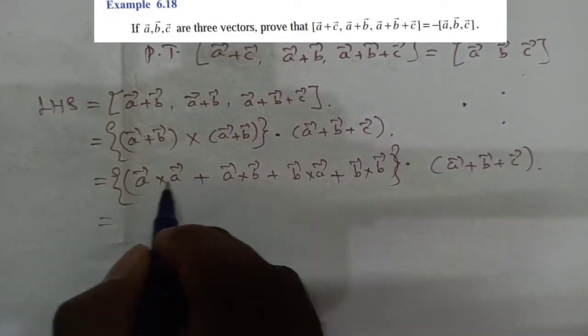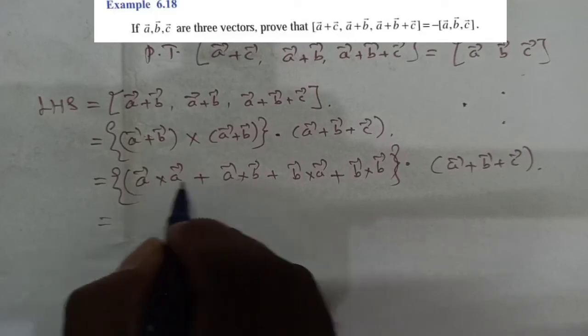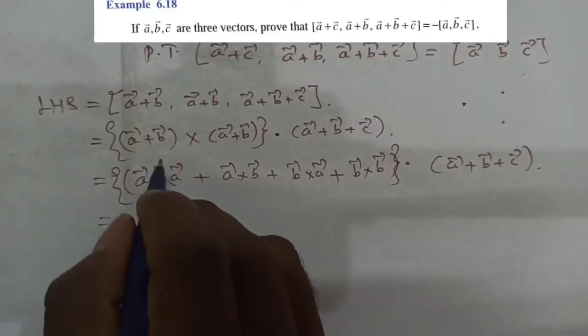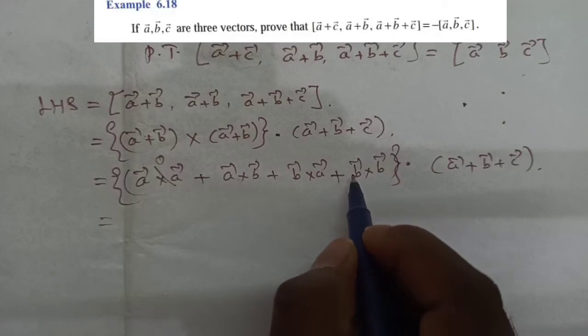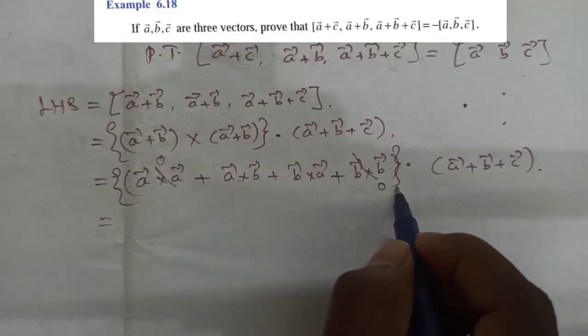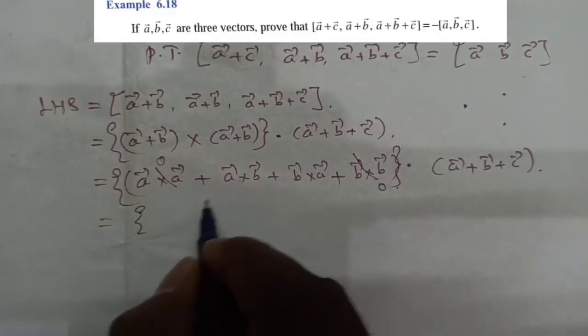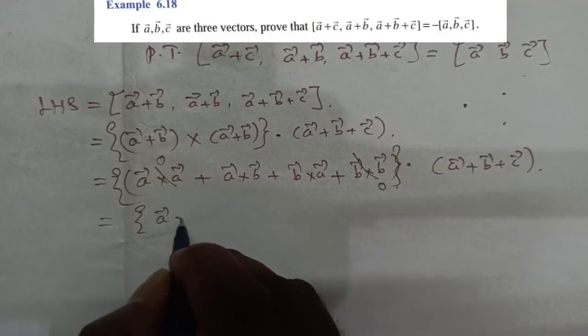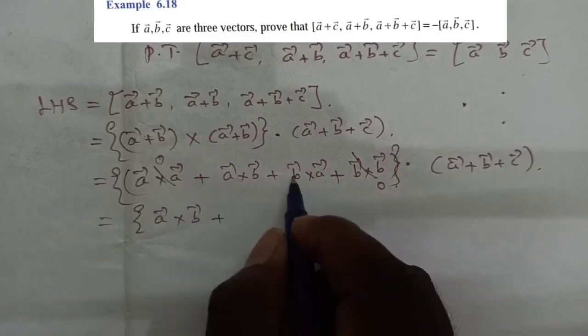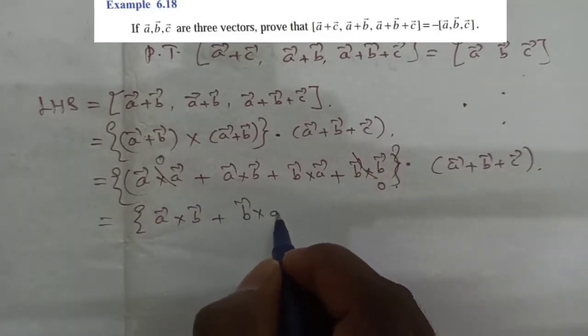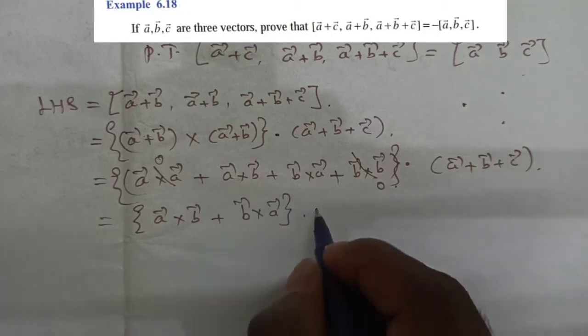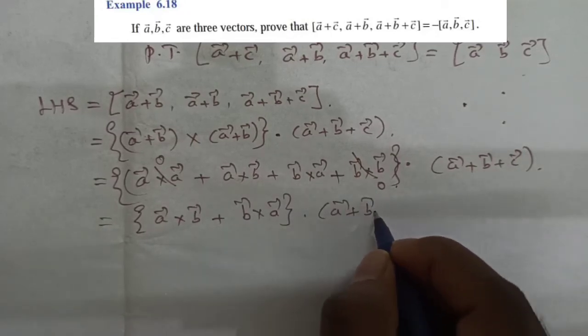Here A appears 2 times. Okay, the cross product of the same vector is equal to 0, and the cross product of B vector cross B vector is also 0. So finally we have A vector cross B vector plus B vector cross A vector, dot A vector plus B vector plus C vector.